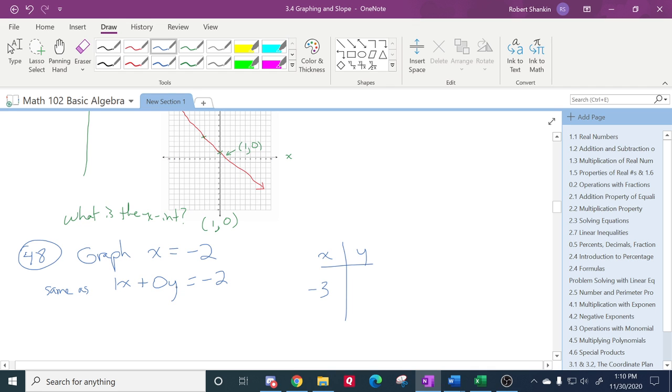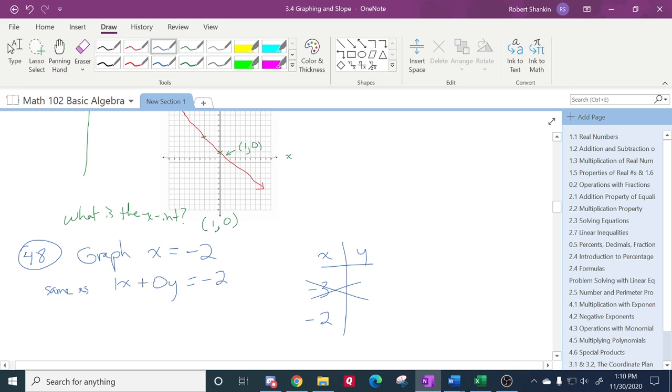there's no value that I could pick for y that would make this thing true. It would be impossible, because -3 plus 0 times y, but 0 times whatever number you pick is always going to be 0. So this is impossible. The only thing you can pick for x is -2.